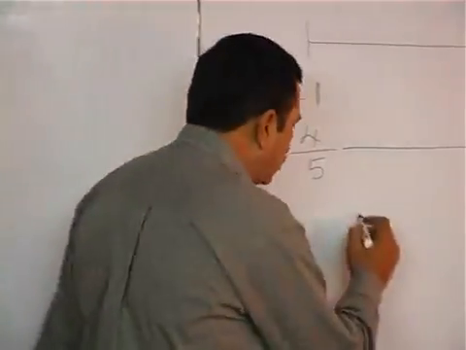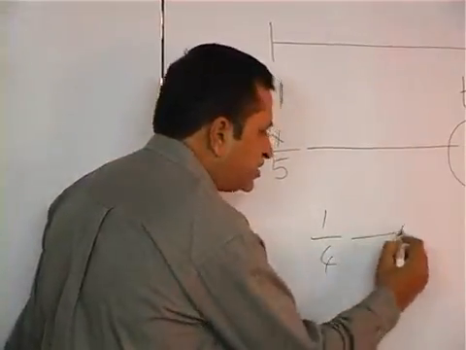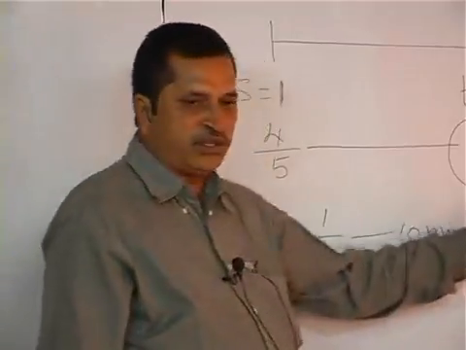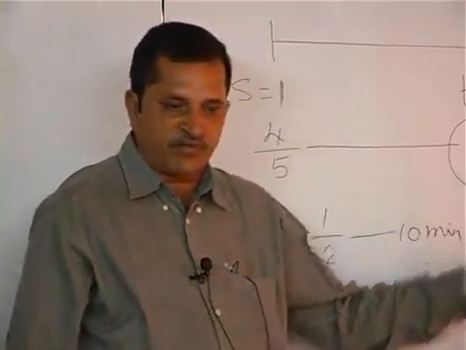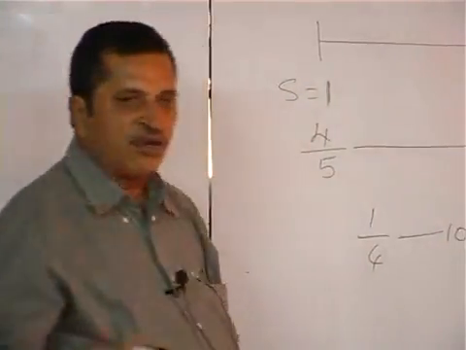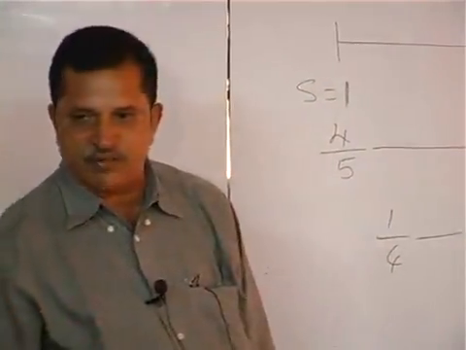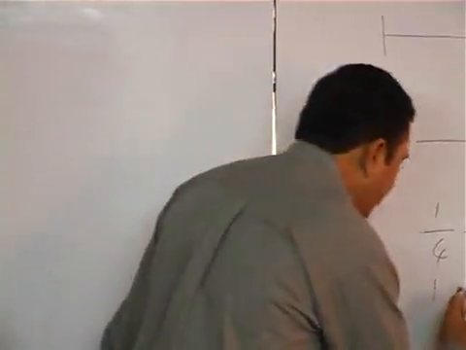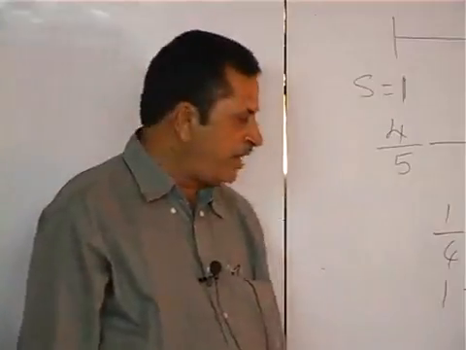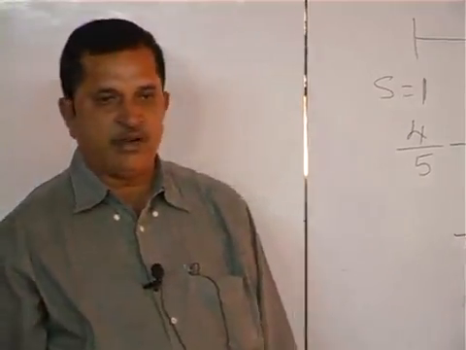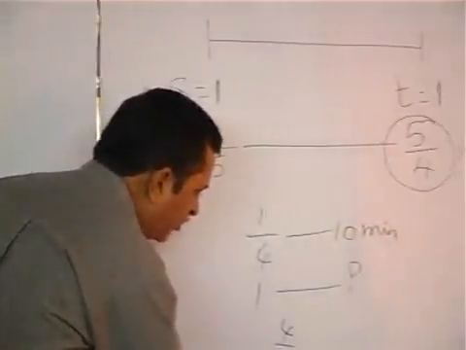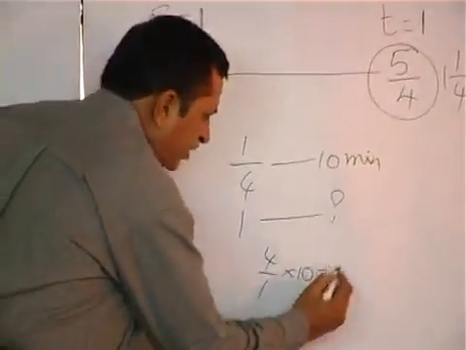That 1/4 unit is equal to how many minutes? 10 minutes. He is late by 1/4 unit and is late by 10 minutes, so 1/4 unit indicates 10 minutes. Then find his usual time: 1 unit will be equal to how much? 1 by 4 unit equals 10 minutes, so 1 unit equals 4 into 10, that is 40 minutes.